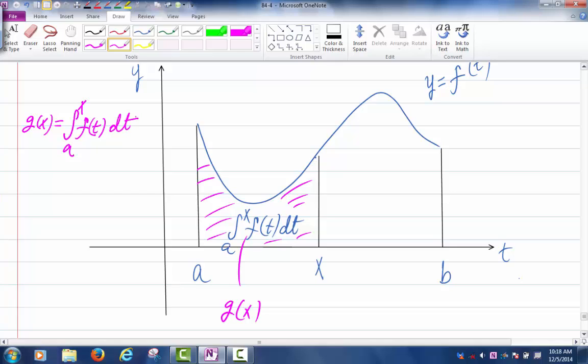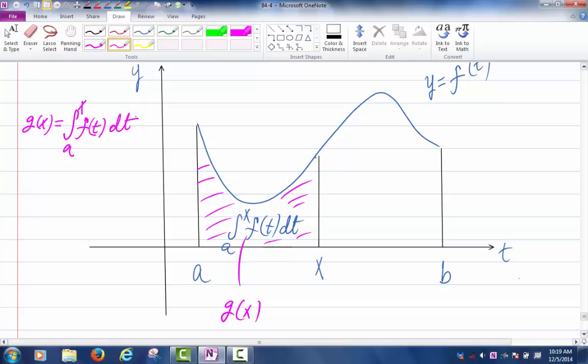Well, assume that the function f is non-negative, right? The function f may not be non-negative, but I am assuming f is non-negative just so I can give you a nice picture of what g of x means. Okay, so if I look at the graph of f, let's say f is non-negative, then the graph would look like this.